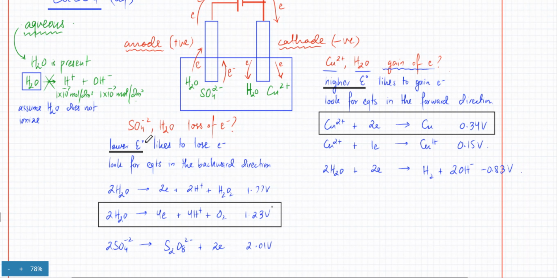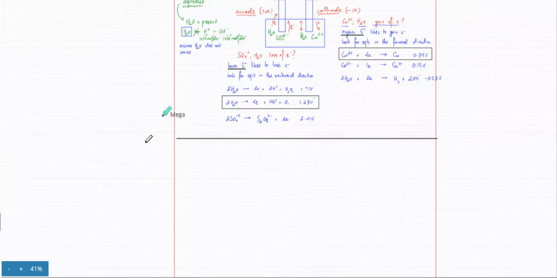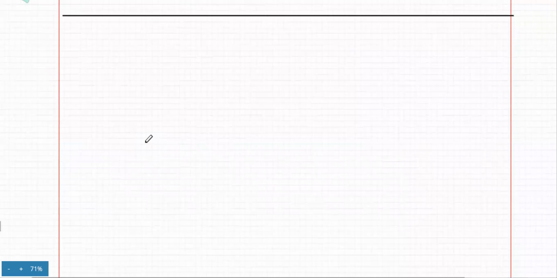Let's do another question. This time I have, let's think of electrolysis of NaBr aqueous, and let's see what's going to happen.